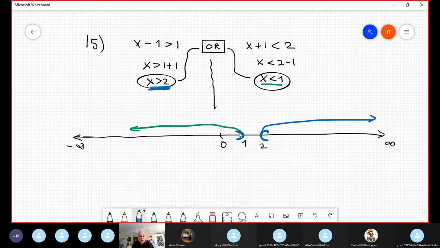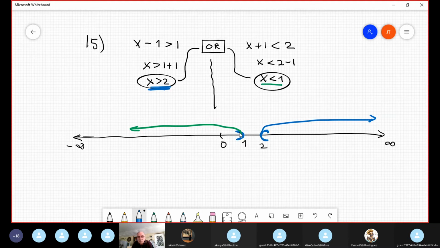Okay, so if I want to highlight my final answer, remember, OR is plus, together, without repetition. I need to find the values of the interval that satisfy this condition or this condition.